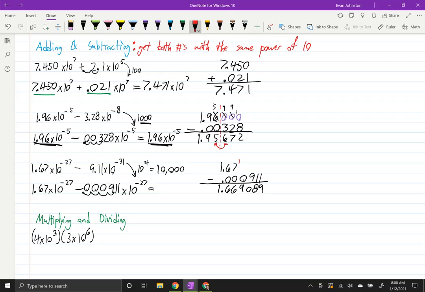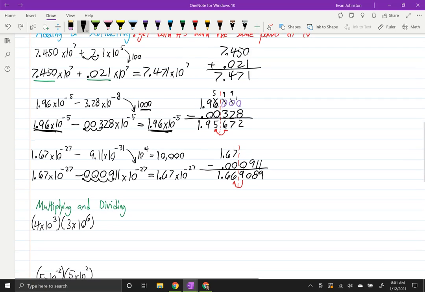And following our sig figs rule, this 9 makes the 6 round back up. So we end up having still 1.67, and our power of 10 is times 10 to the negative 27. So again, like earlier, this value is just totally insignificant, even though we went through all the work with it.